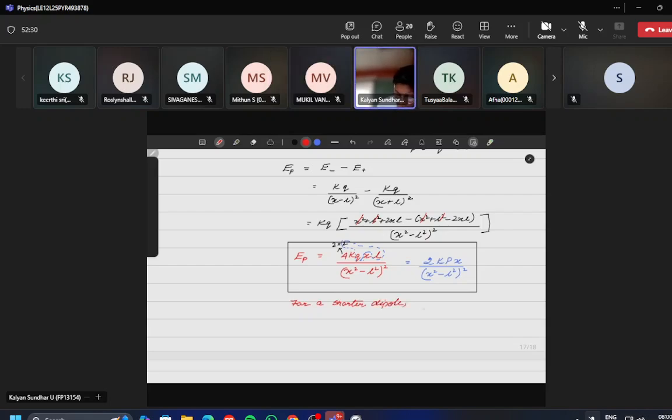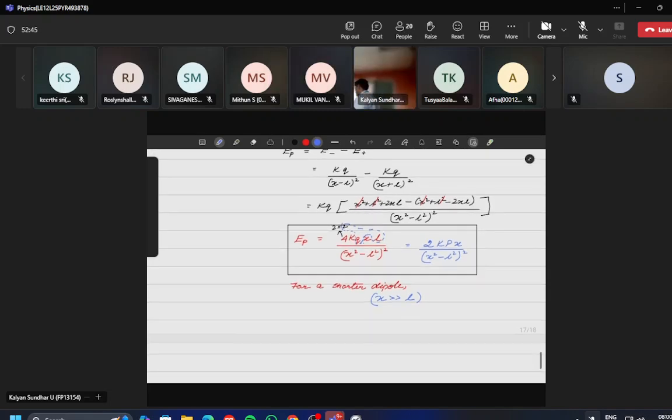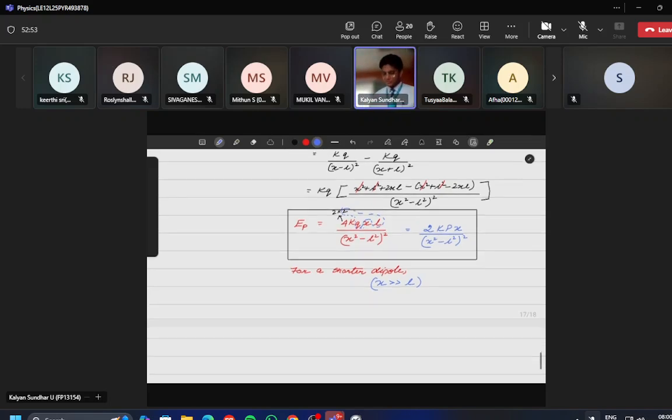So next one is for a shorter dipole. That means your x is much greater than L. Where we found the electric field, if x is much greater than the L value, then you know x will be greater and L is small, so L square will become almost 0. So L square will become much smaller.